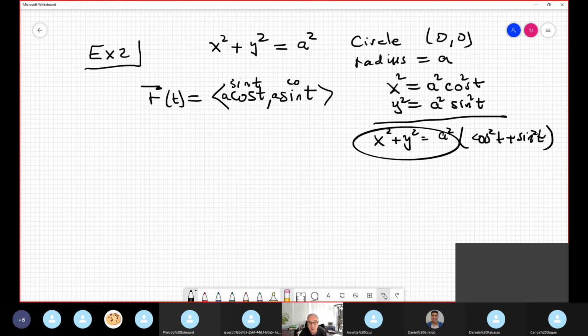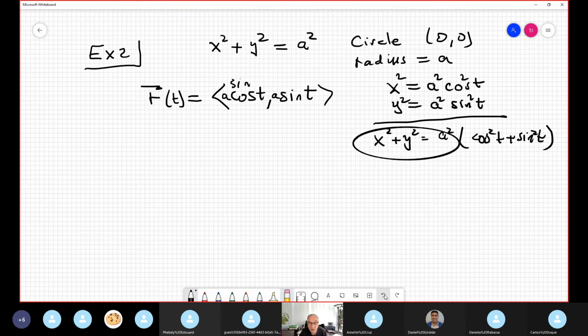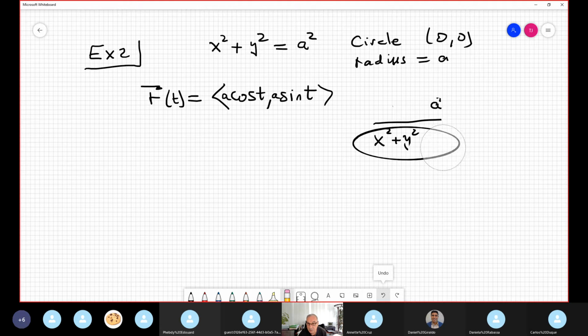Okay, let me try to use the Frenet-Serret formulas to compute everything. Curvature. You find the first derivative of the position vector.